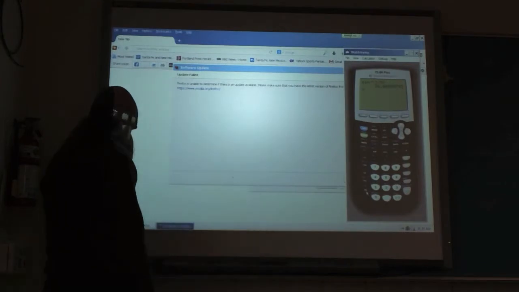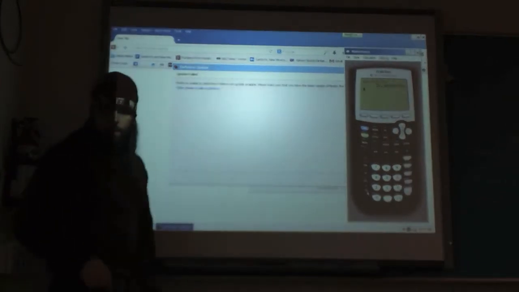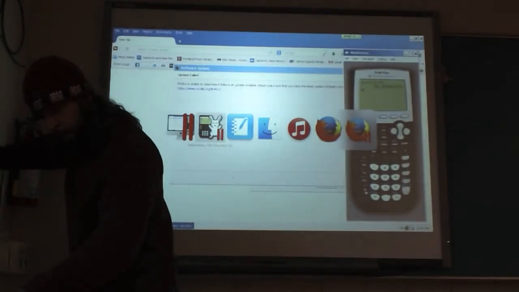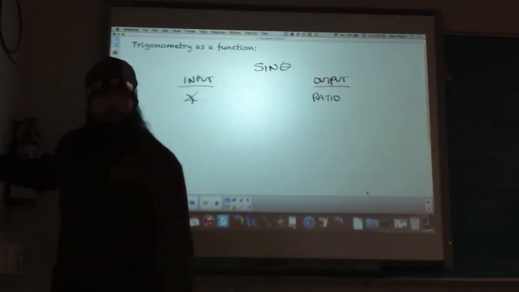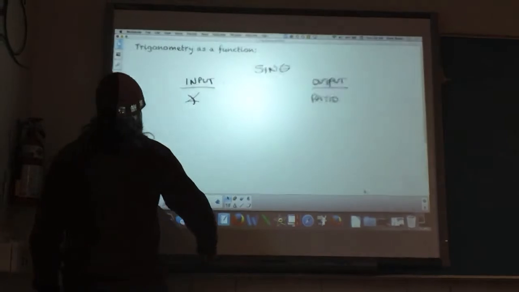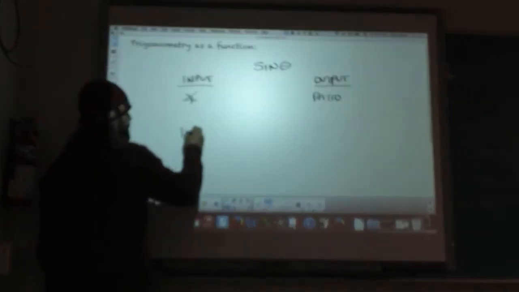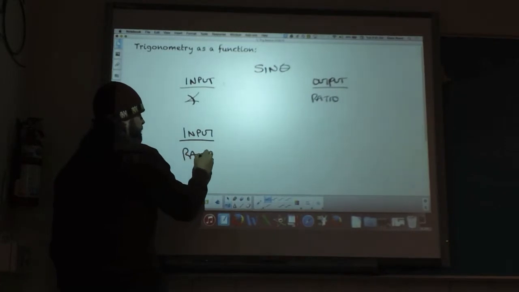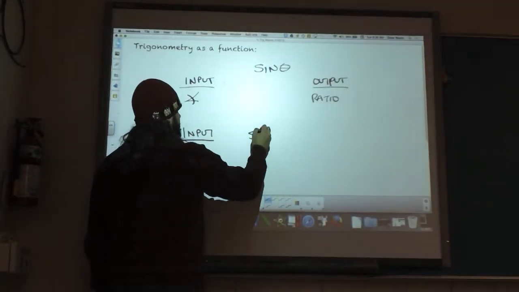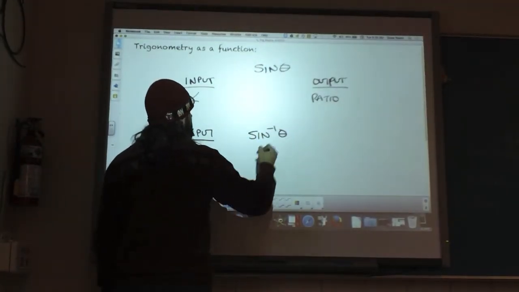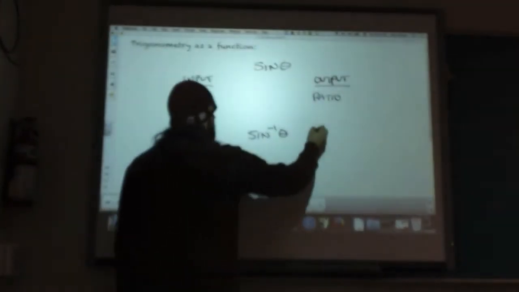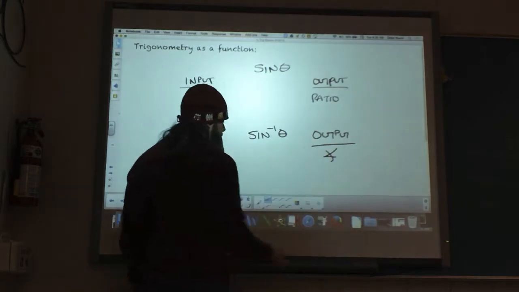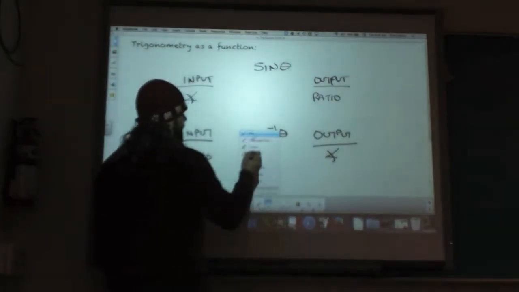That's not a reciprocal. That is an inverse function, the same way that f of -1 of x is an inverse function. So if I have an input here, it will be the ratio. This is for sine -1 of theta, and the output will be an angle. So we can use this to get angles.